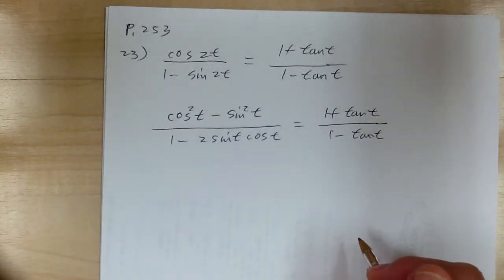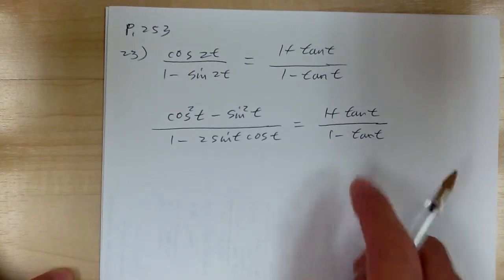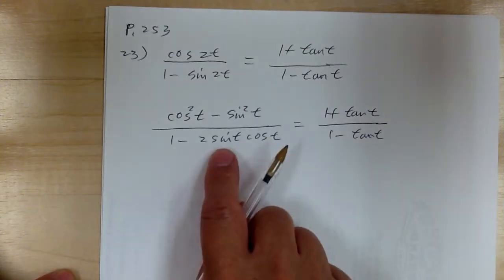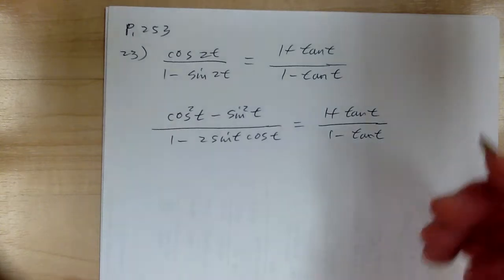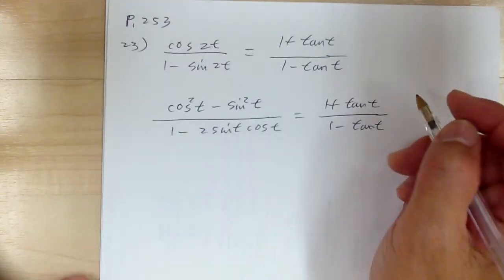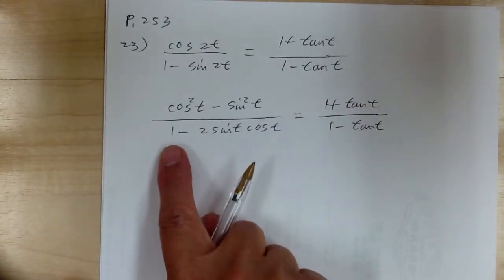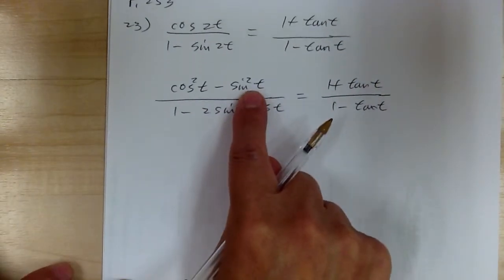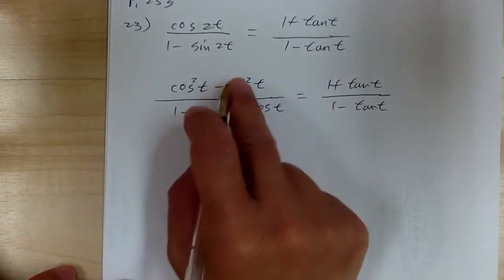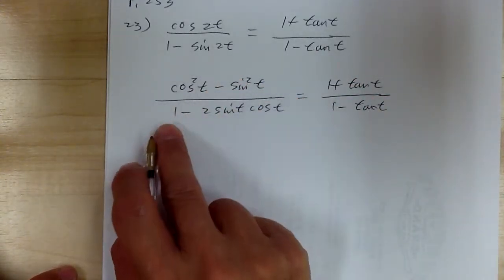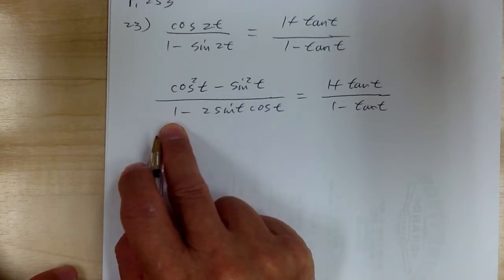Okay, and next, notice this side has a square. So this one is probably a little bit more tricky. What you need to do is get rid of the square, so you do the factoring. But in order to factor the bottom, you need to change the 1 into cosine square plus sine square, right?